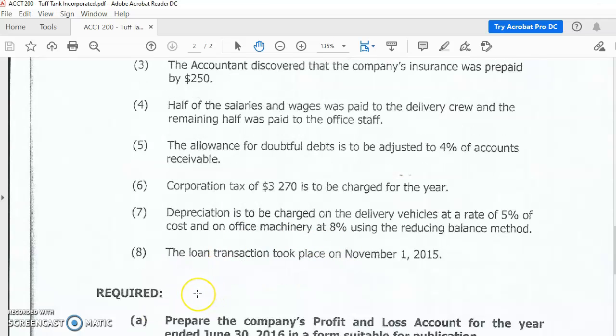Number 8, the loan transaction took place on November 1st, 2015. And I guess this is something that we need to know with respect to the loan, because obviously we will be having some interest on our loan.